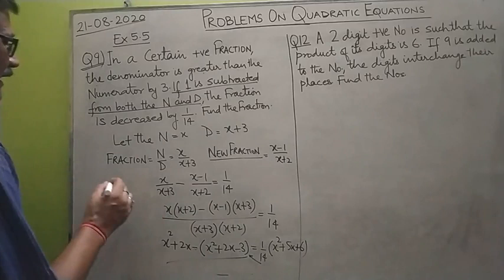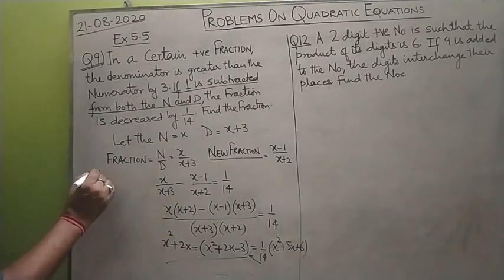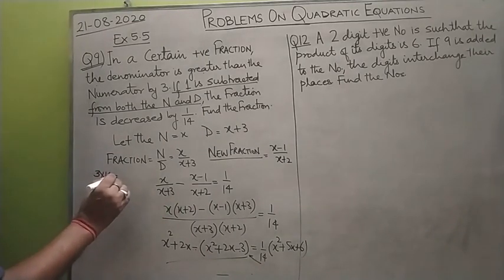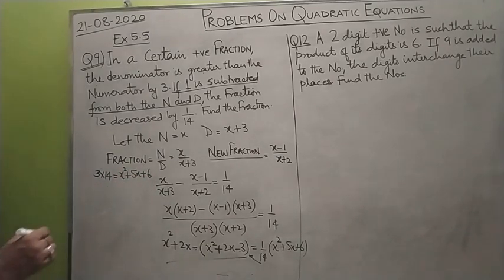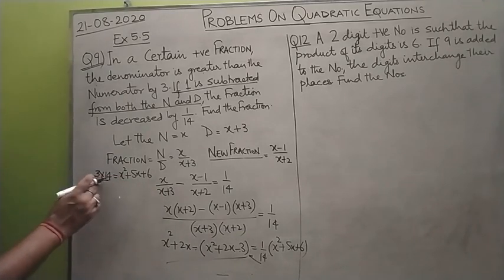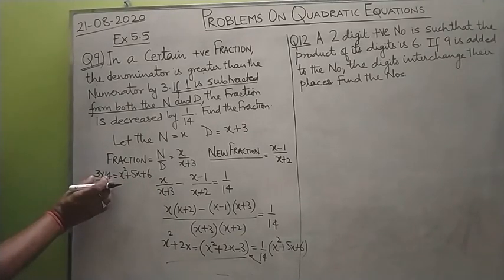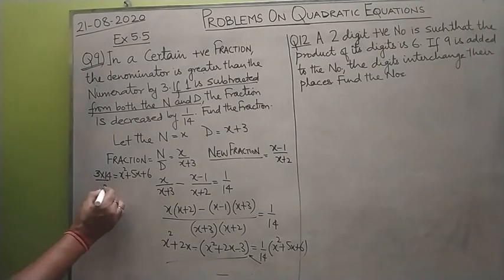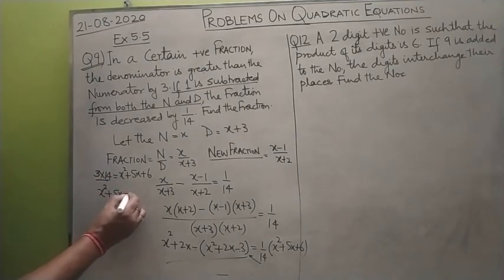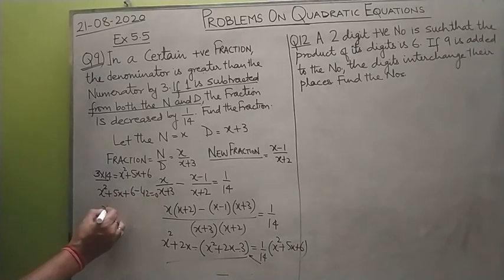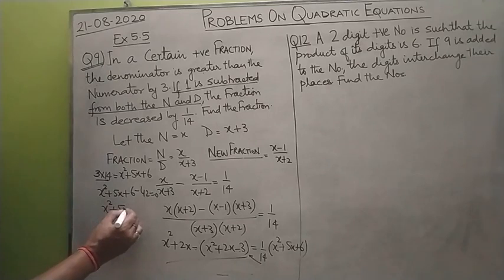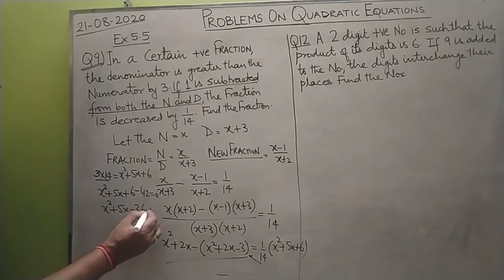So we will finally have 3 into 14 is equal to x square plus 5x plus 6. 3 into 14 is 42. So we get x square plus 5x plus 6 minus 42 equals 0. So the equation will turn out to be x square plus 5x minus 36 is equal to 0.